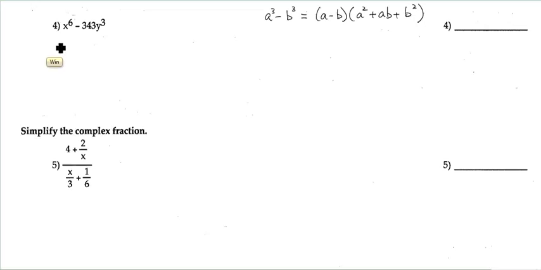So now let's see if I can turn them into the difference of two perfect cubes. X to the 6 will be what cubed? How can I turn x to the 6 into something cubed? That would be x squared.